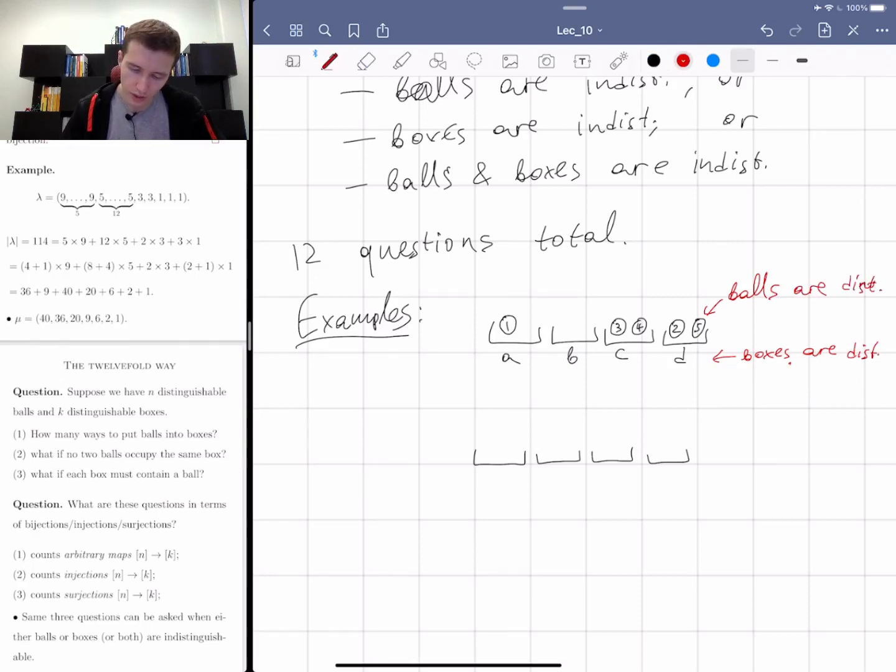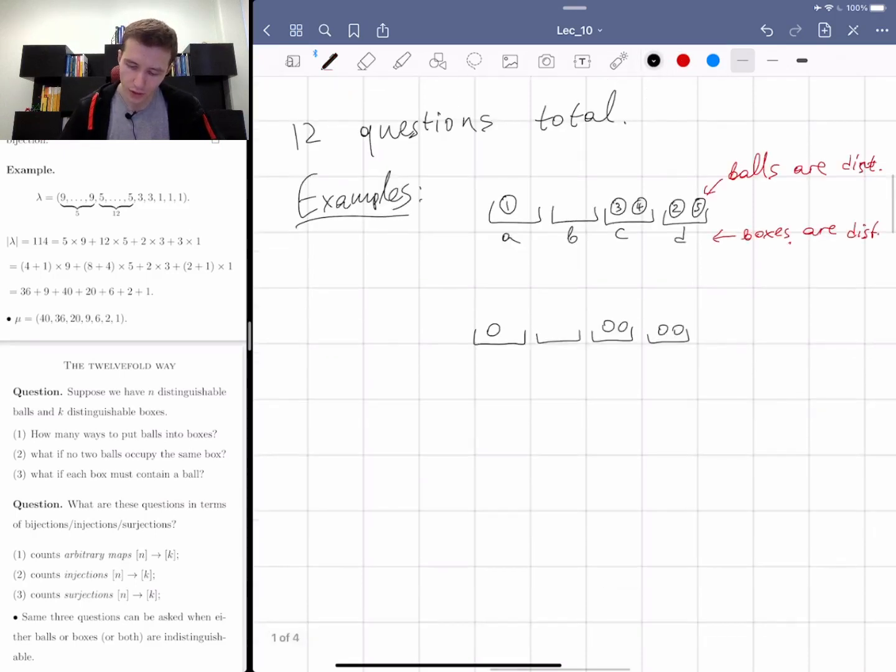Now, what if the balls are indistinguishable? You draw something like this, you still label the boxes.